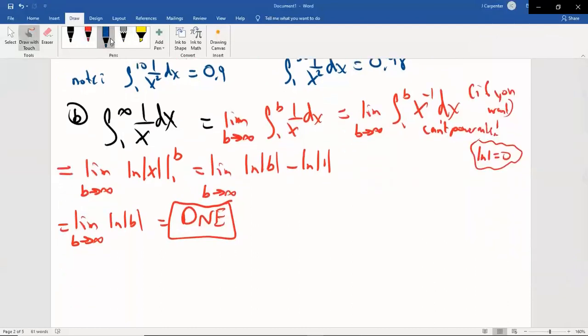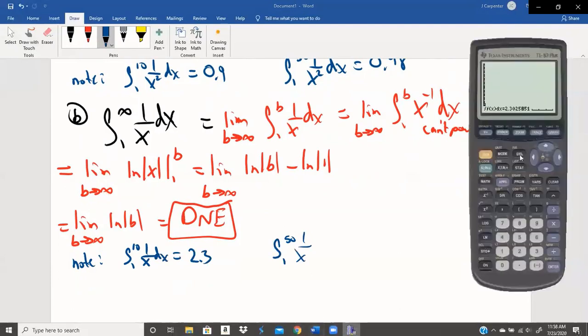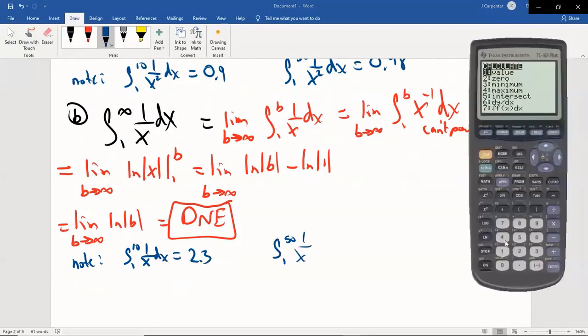So more notes. The integral from 1 to 10 of 1 over x dx was about 2.3. The integral from 1 to 50 of 1 over x, option 7, from 1 to 50.